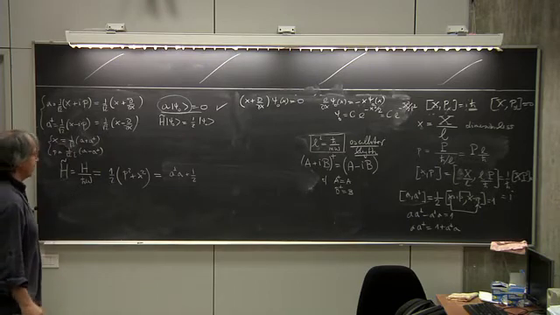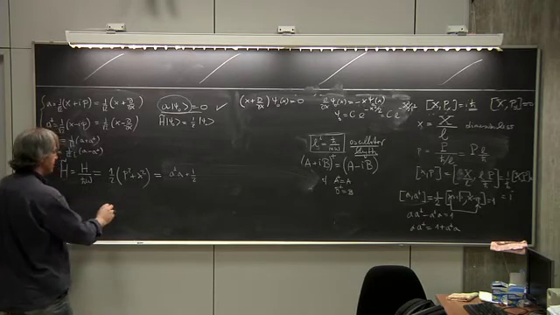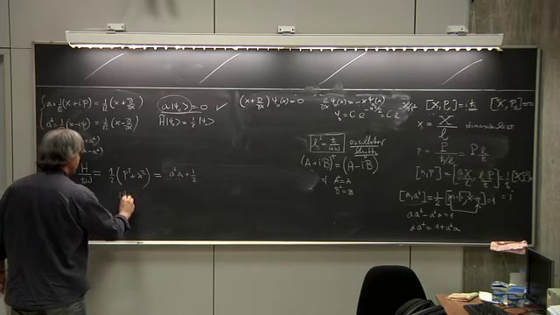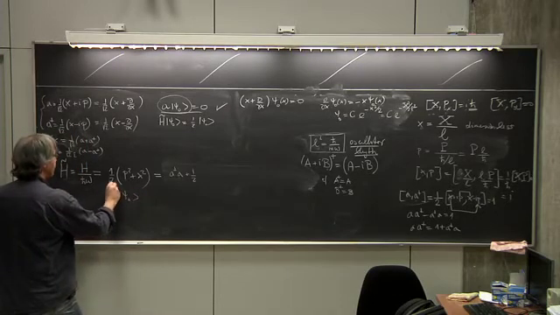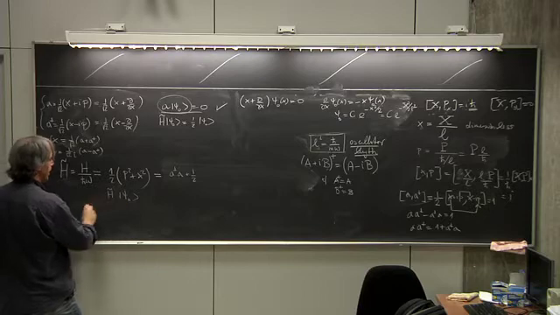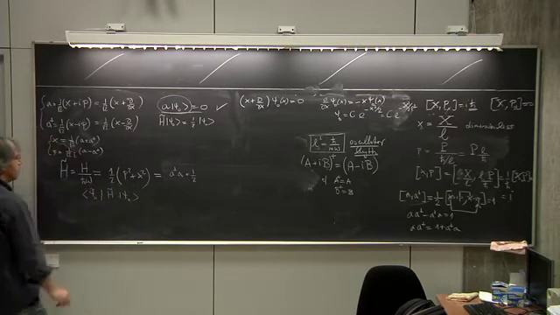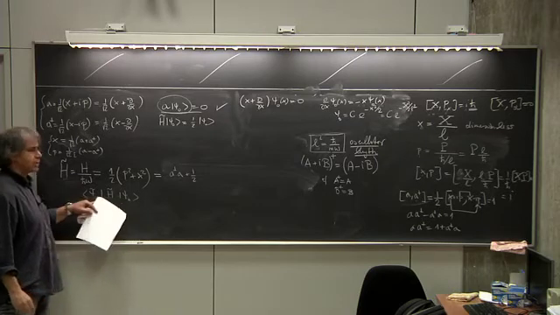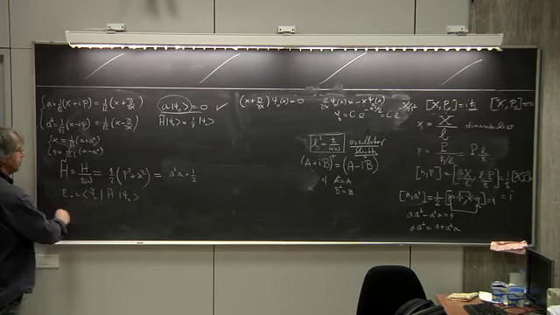Let us calculate, suppose that I have an eigenstate, psi n, whatever. And let me calculate psi n, h tilde, psi n. Generally, this is the eigenvalue En, if the state is normalized, obviously.